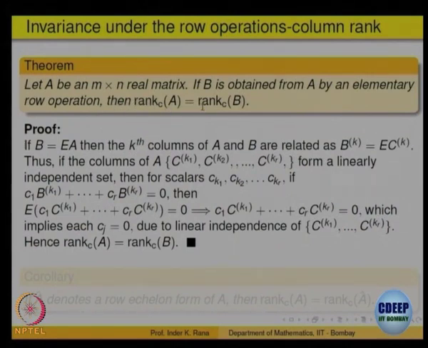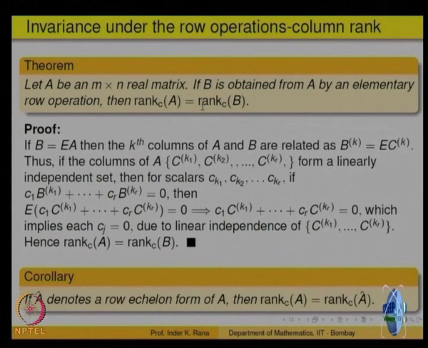So if the space is the same, the dimension remains the same, as for the row space we saw. So as a corollary, if we take a matrix A and bring it to row equivalent form, then the column space of A is the same as the column space of the row equivalent form, and hence the dimensions are the same, right, they do not change.